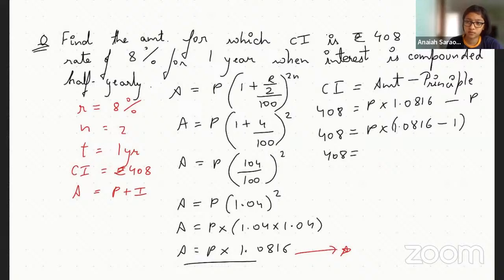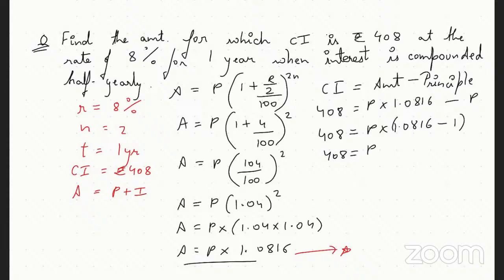Yes, very good. I will get P multiplied by 0.0816. When we multiply a variable and a number, we just write them together. Suppose 2 multiplied by y, what does it become? 2y. This is what happens in multiplication.